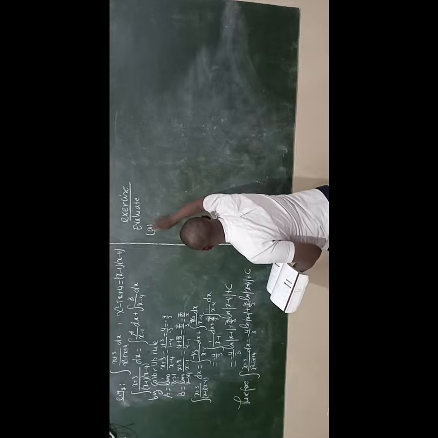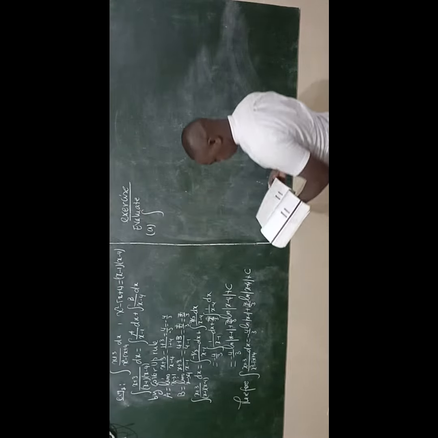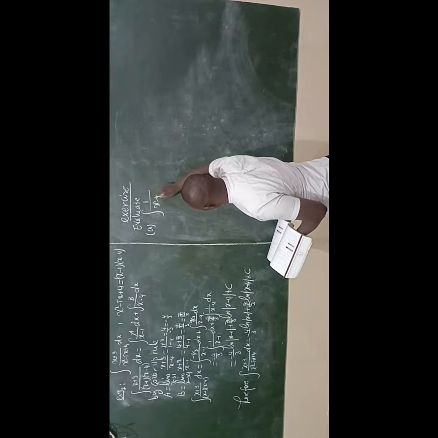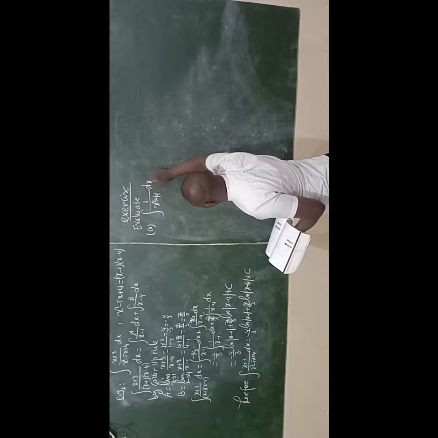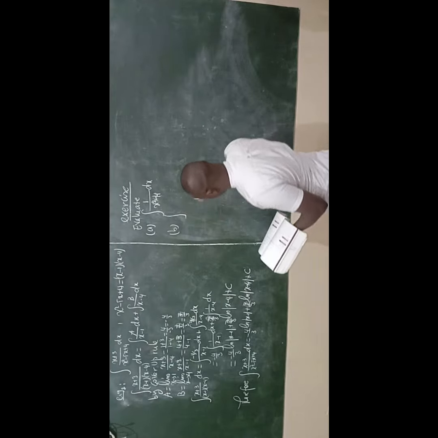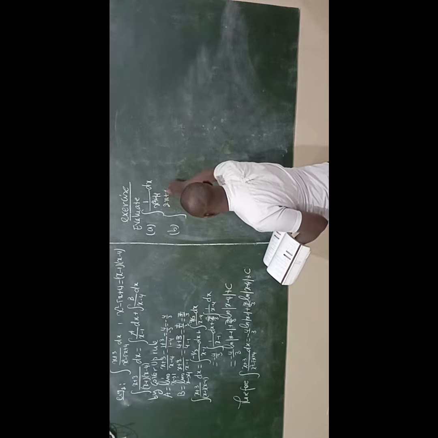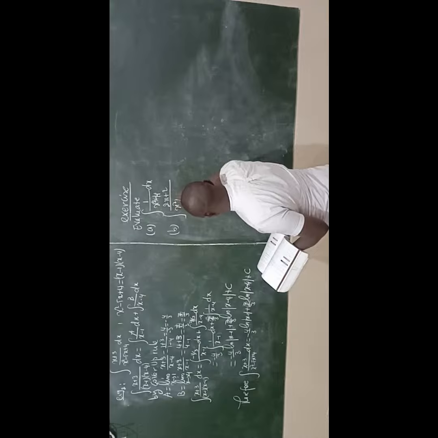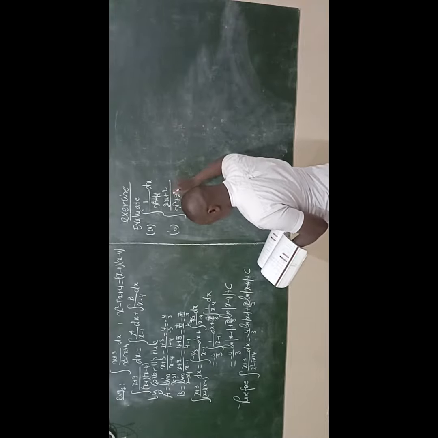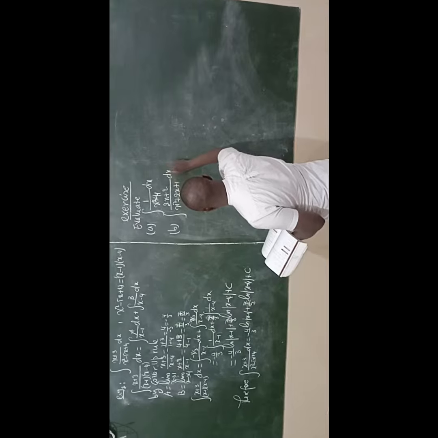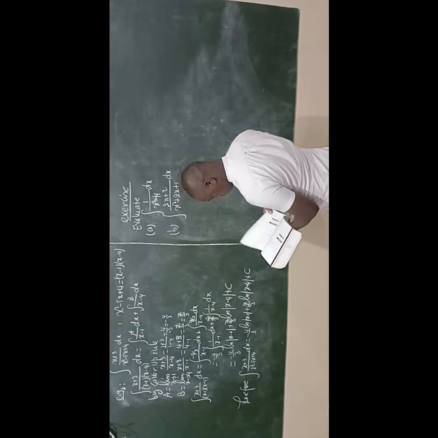A is the integral of 1 by x squared minus 4 dx. B is the integral of 2x plus 2 by x squared plus 2x plus 1 dx.